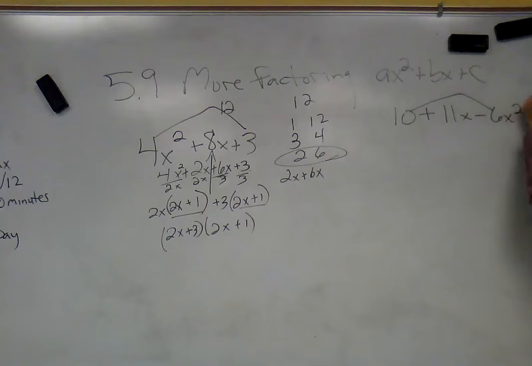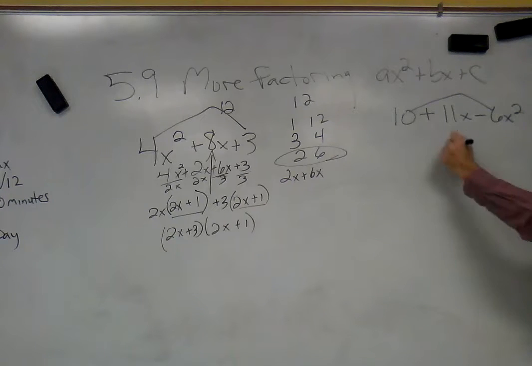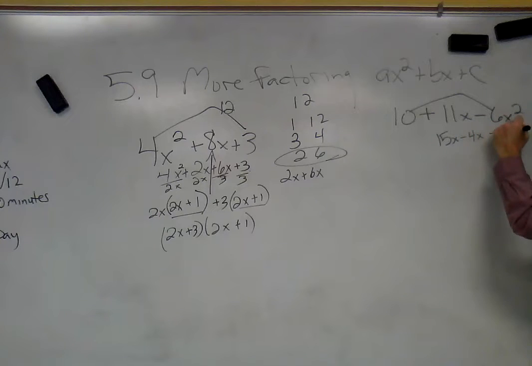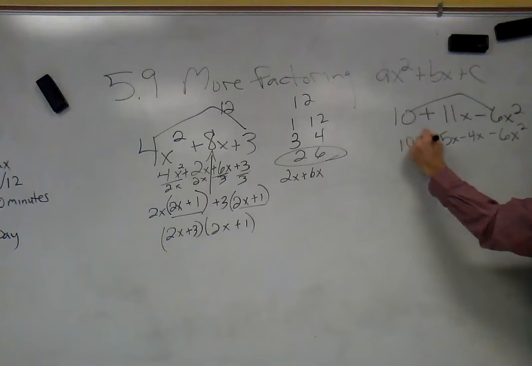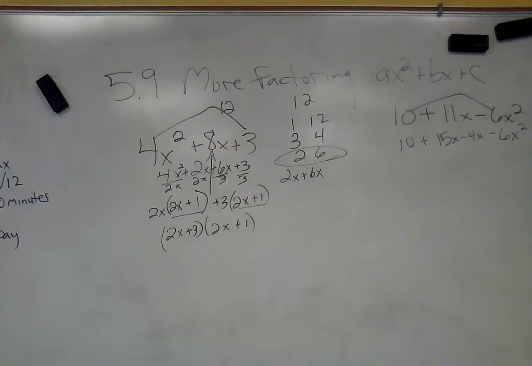We could go through all of them, or we can know, hey, 15 minus 4 is 11. It needs to be positive, so it's going to be 15 minus 4 like that. So we're going to have 15x minus 4x. The goal is that eventually you don't have to write out every single pair.